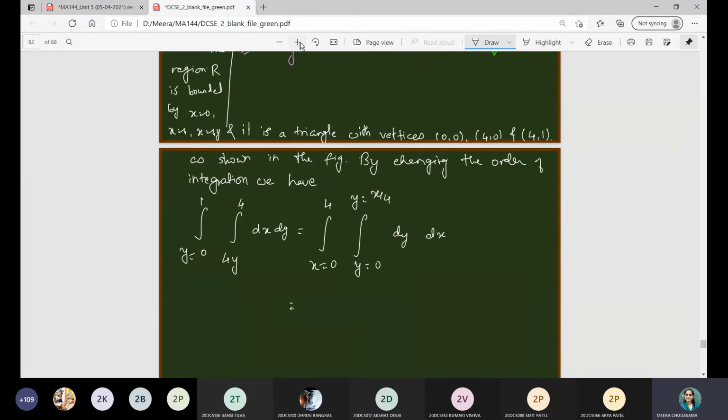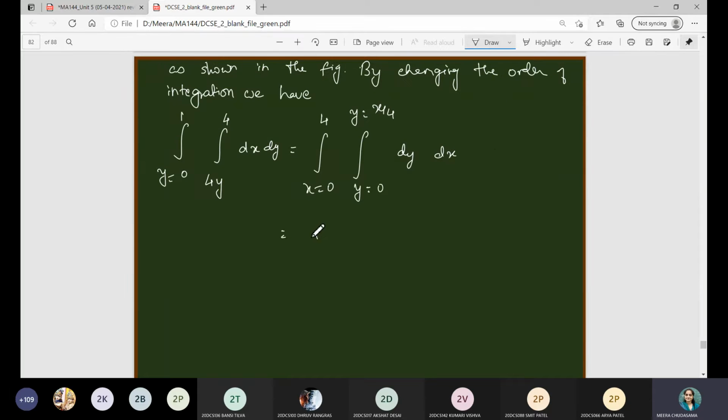So when you solve it, x is equal to 0 to 4, outer integral will keep as it is. Now inner integral, since integrand is 1, therefore integration will be y, varying from 0 to x by 4, dx.